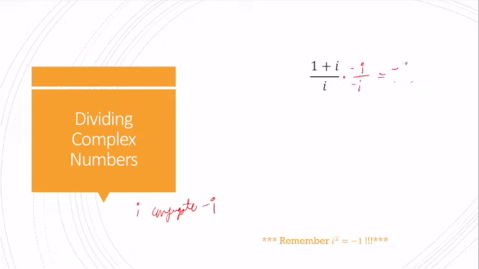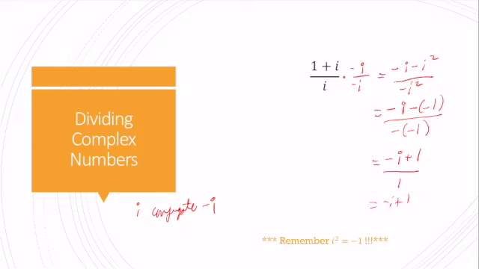That equals negative i minus i squared over negative i squared. So I have negative i minus a negative 1 over a negative 1. That gives me negative i plus 1 over 1. So I have negative i plus 1, which I will rewrite as 1 minus i. So my real part comes first.